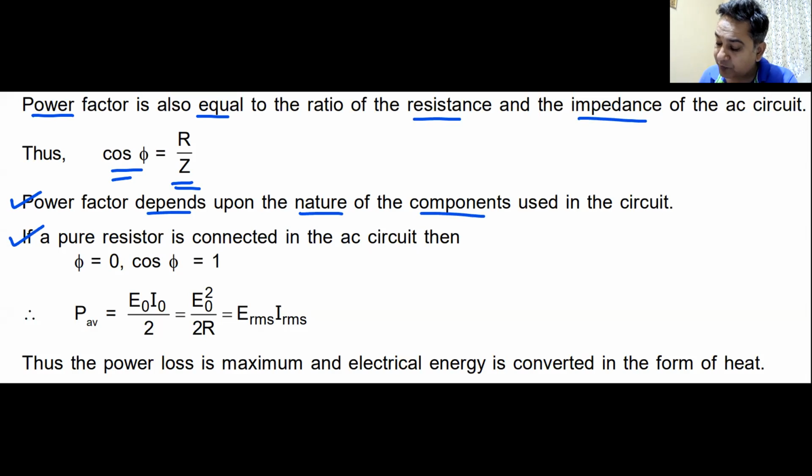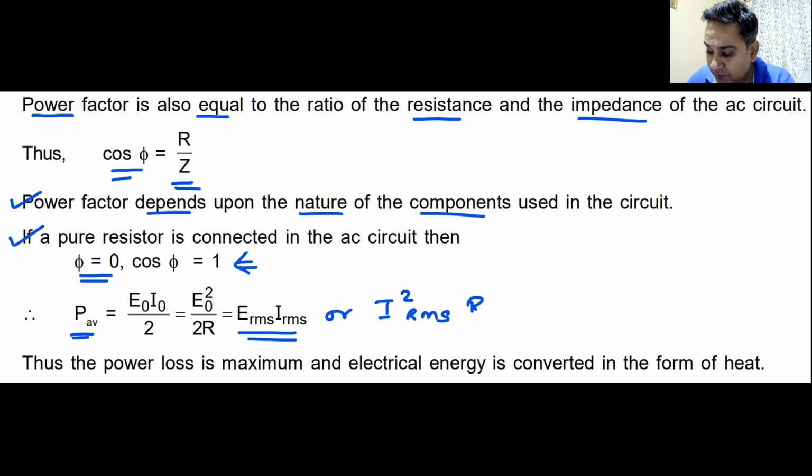In the case of a pure resistor, phi is 0, cos phi is 1. So your average power becomes ERMS into IRMS, where ERMS is VRMS, or you can write it as I squared RMS multiplied by R. Remember, only resistance consumes power.